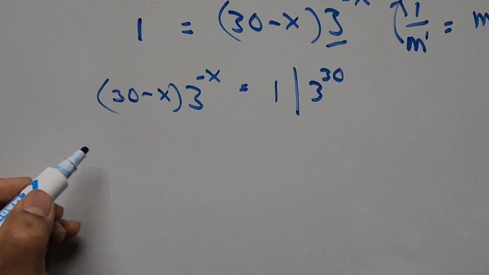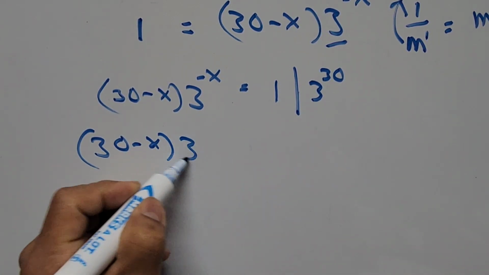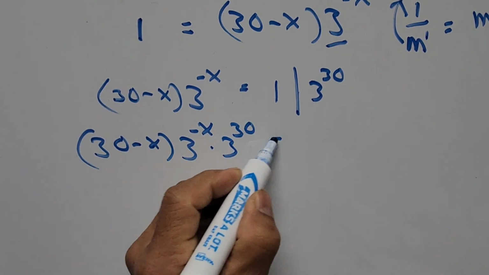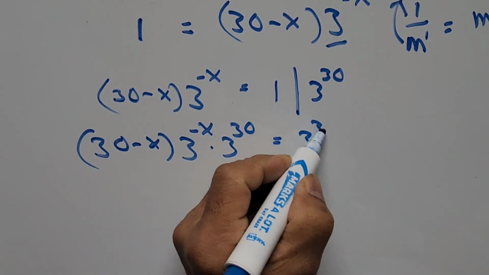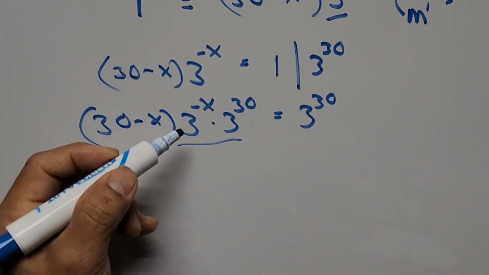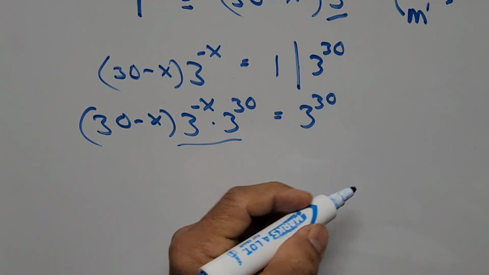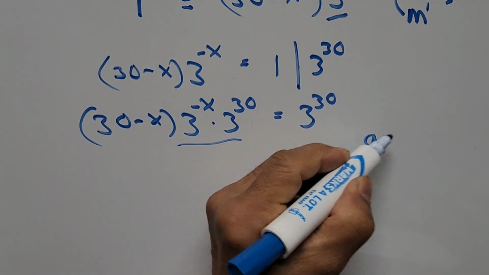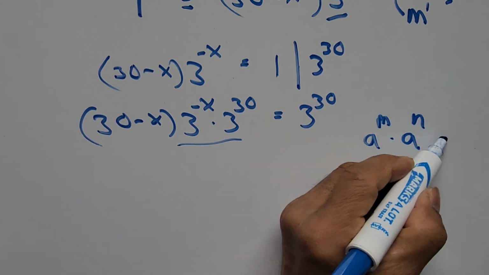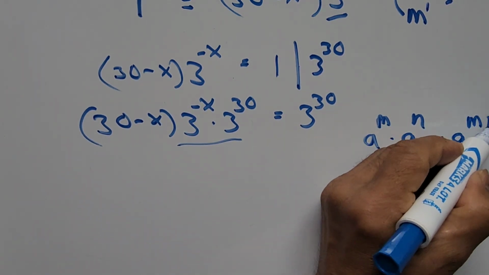So this now becomes 30 minus x times 3 to the power of negative x times 3 to the power of 30 equals 3 to the power of 30. And if you notice, on the left-hand side, 3 to the power of negative x and 3 to the power of 30, we can combine that. Based on the exponent property, if we have a to the power of m times a to the power of n, we end up adding the exponents, a to the power of m plus n.